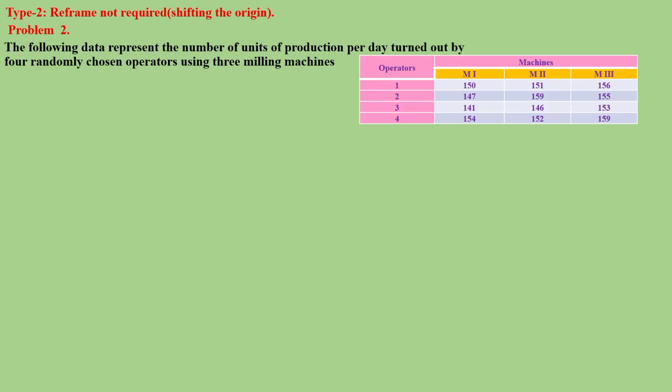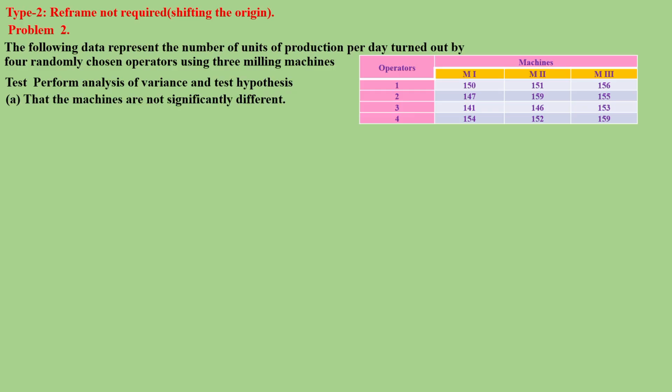So M1, M2, M3 machines, operators 1, 2, 3, 4. Perform analysis of variance and test the hypothesis that the machines are not significantly different and that the operators are not significantly different at 5% level.